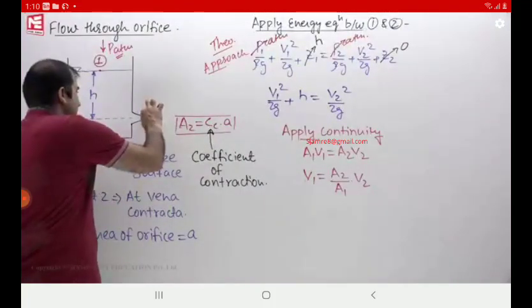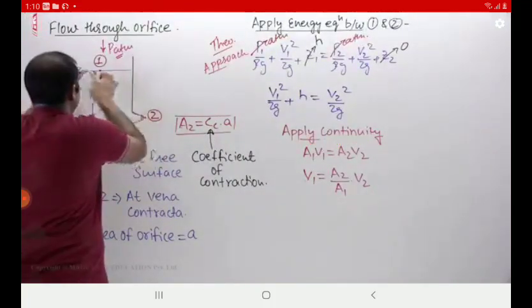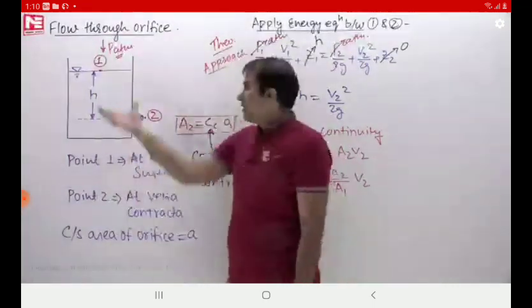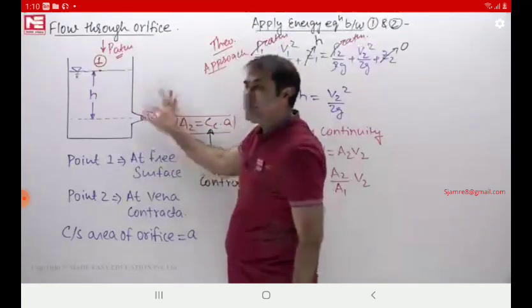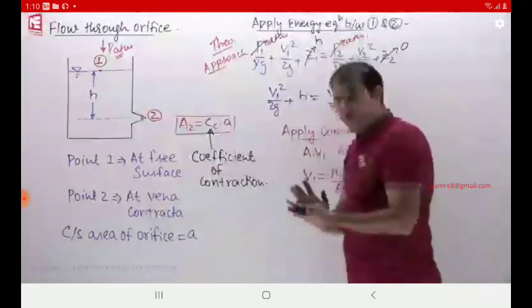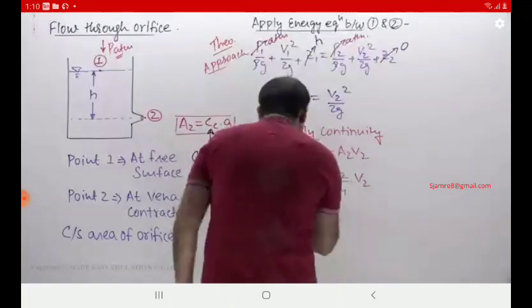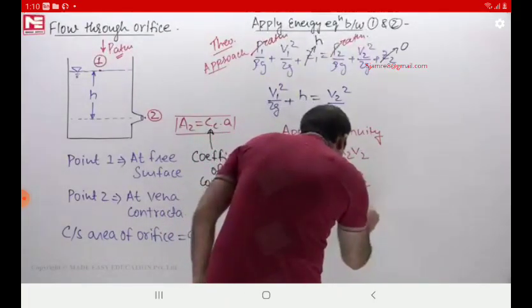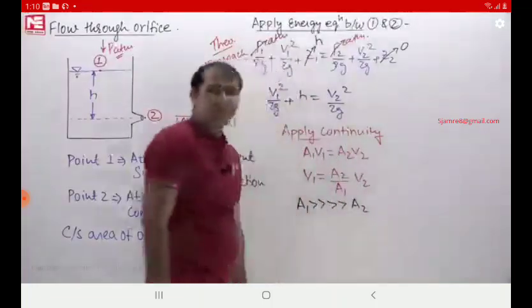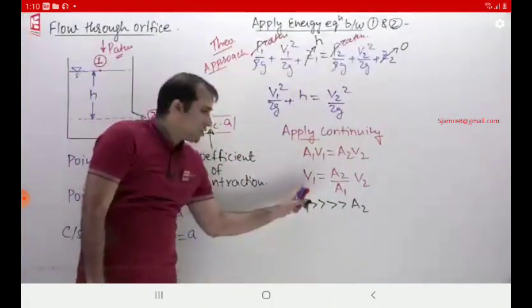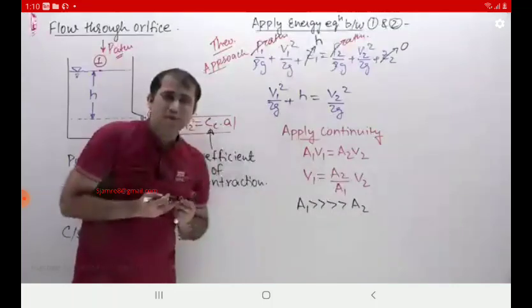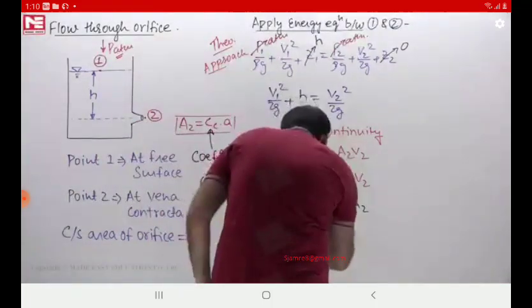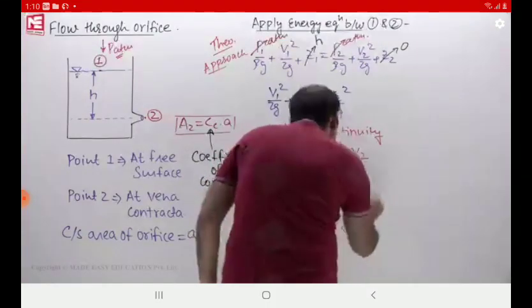A1 is very, very large as compared to A2, so this value becomes 0. So V1 is 0.